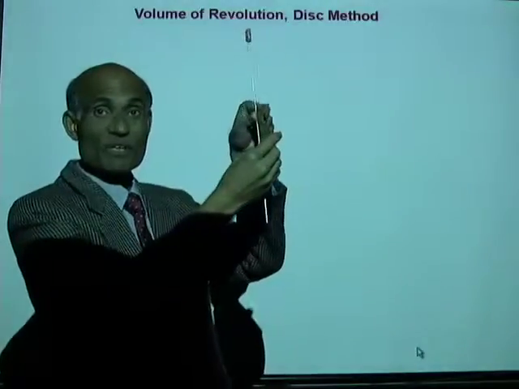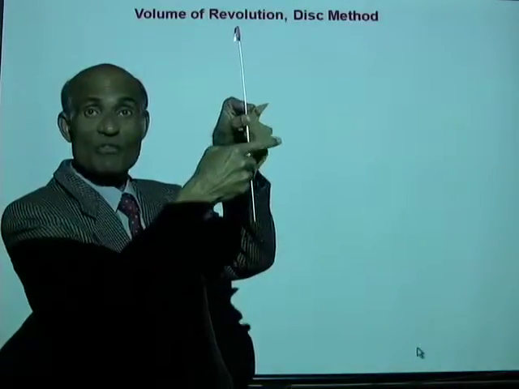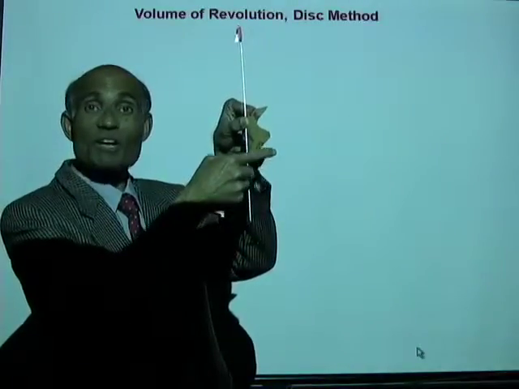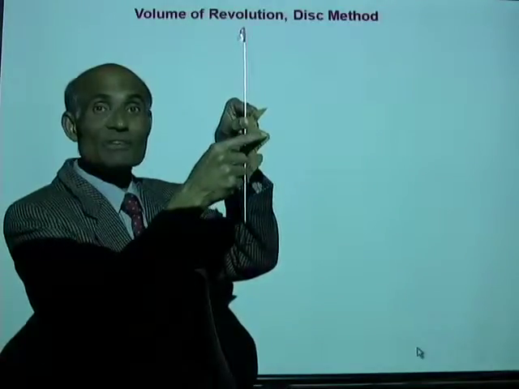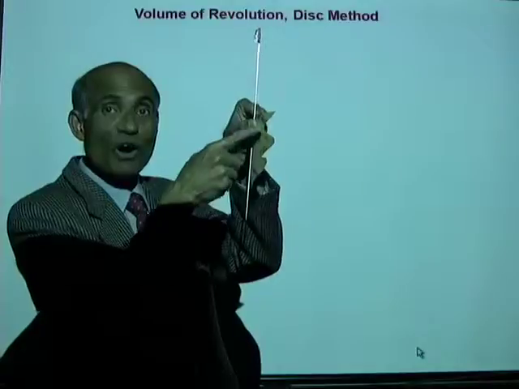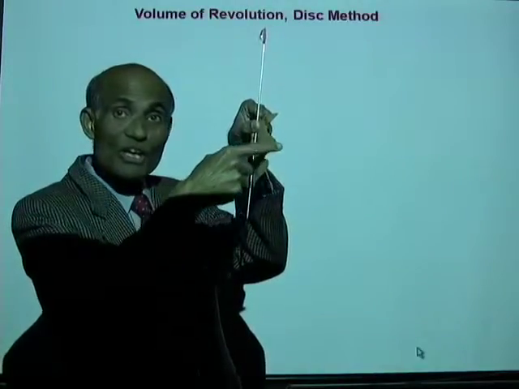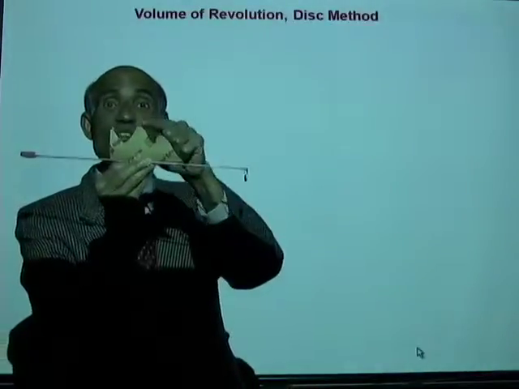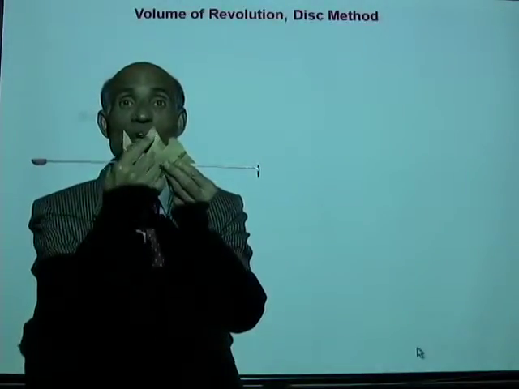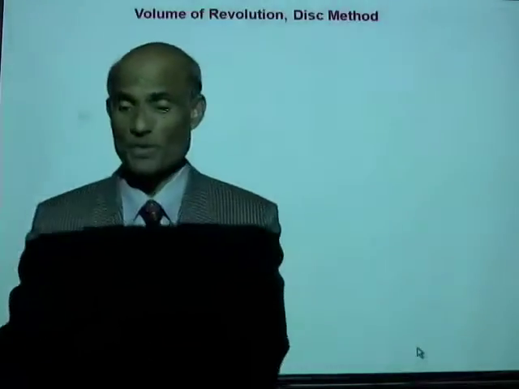Now, if the graph is like this, in other words, this is the graph of a function of y, then this distance will be x. The distance of a function graph from the y-axis is x. The distance of a function graph from the x-axis is y. Very important to know that. Okay.